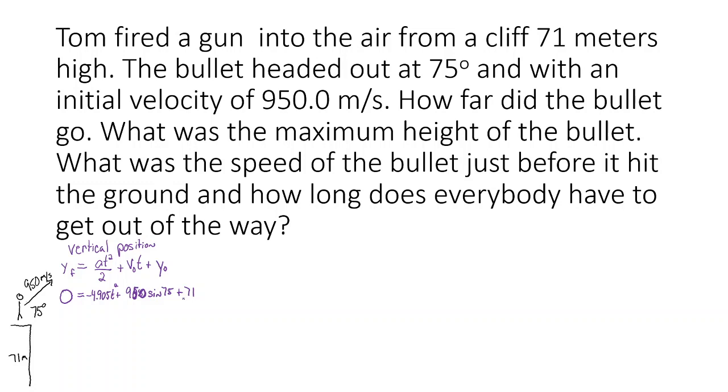I'll take 950 sine 75. I typed it in wrong. 950 sine 75 gets 917.6295 t plus 71 negative 4.905 t squared equals 0.